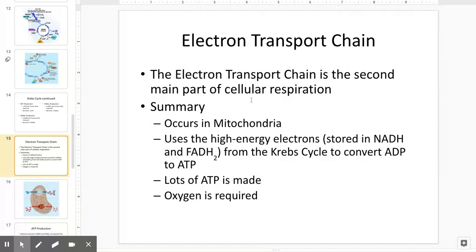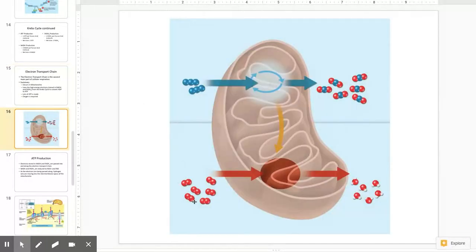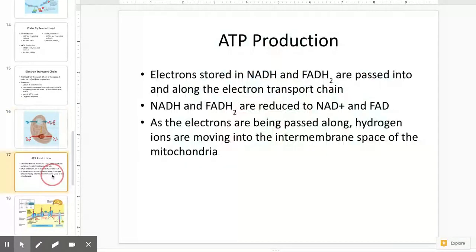So here we are. This is the electron transport chain. It's occurring in the mitochondria, particularly in the inner membrane of the mitochondria. The oxygen that is required for this process enters and water is released. But there's some things that are happening here where the electrons from that NADH and FADH2 get passed along, just like electrons in the electron transport chain in the light-dependent reaction.